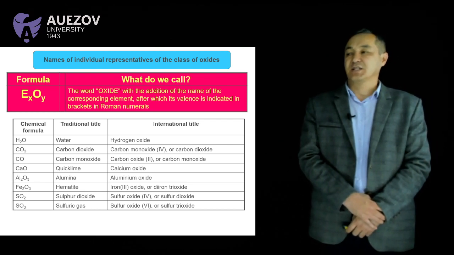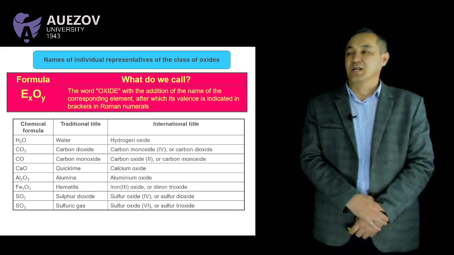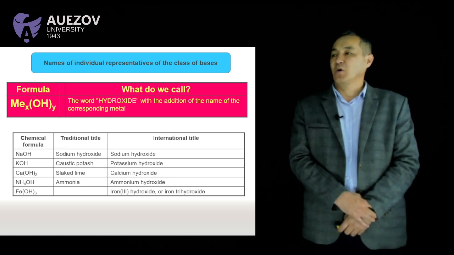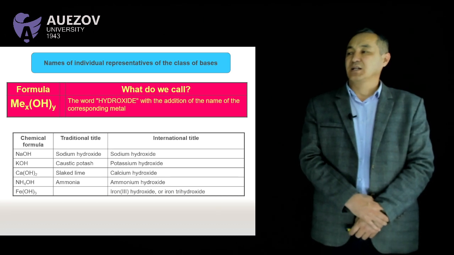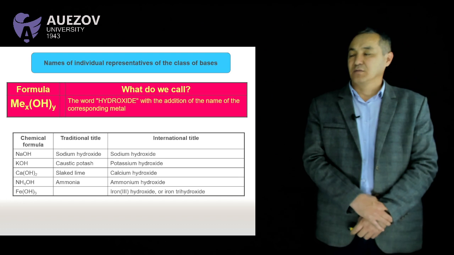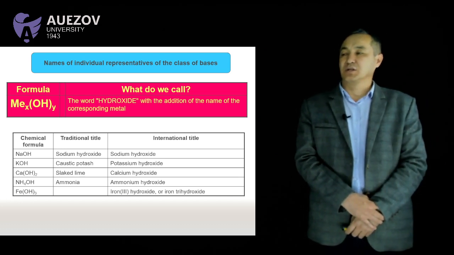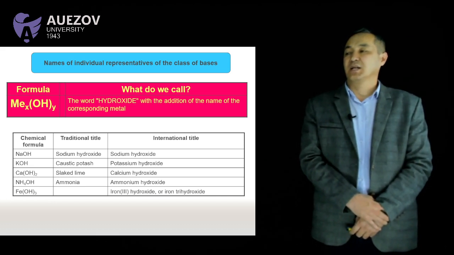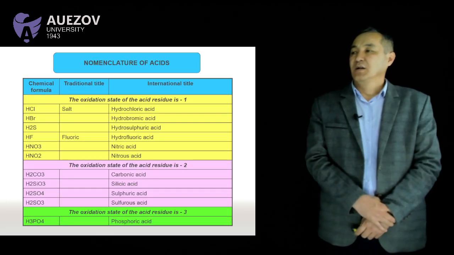According to the international title, we can call it hydrogen oxide and others. And about base names, in the traditional title, for example, sodium hydroxide, and according to the international title, we can say sodium hydroxide.